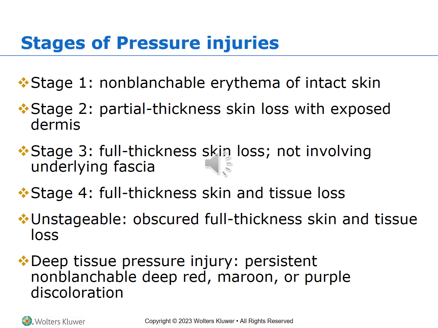Granulation tissue may be visible as well. Slough and eschar may be visible. The damage varies according to the location of the wound. Remember that these pressure injuries or pressure ulcers are caused by pressure on a bony prominence.